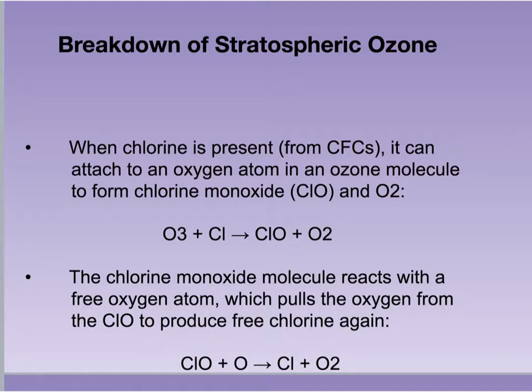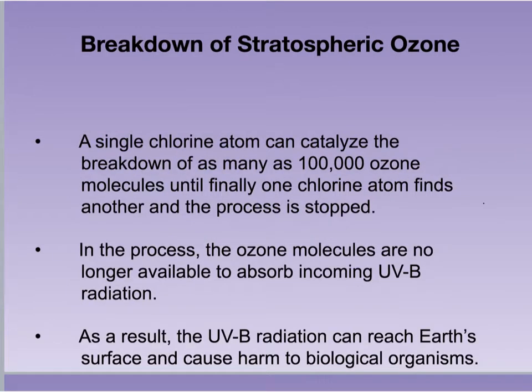In this process, the ozone molecules are no longer available to absorb UVB radiation, and as a result, the UVB radiation can reach Earth's surface, and that's what harms biological stuff. So this process is a cycle.